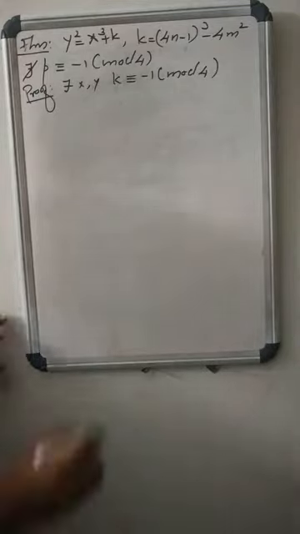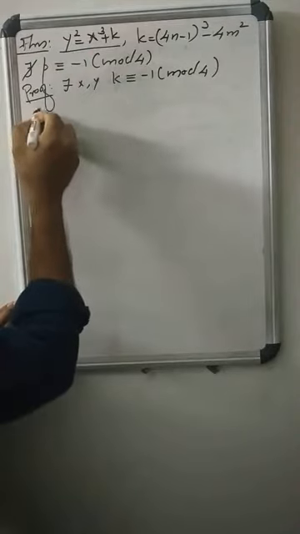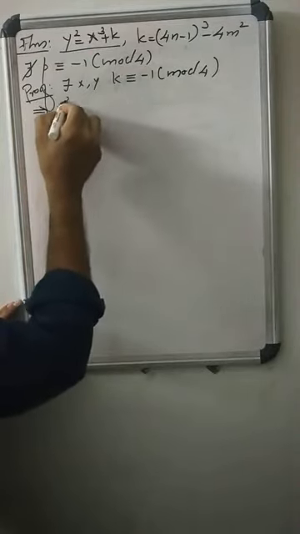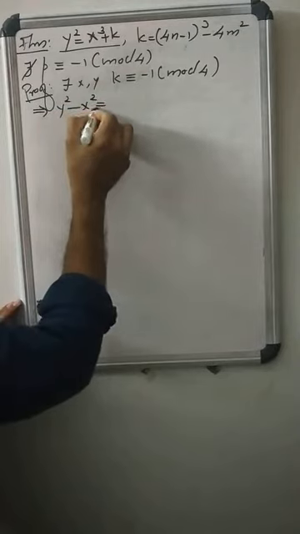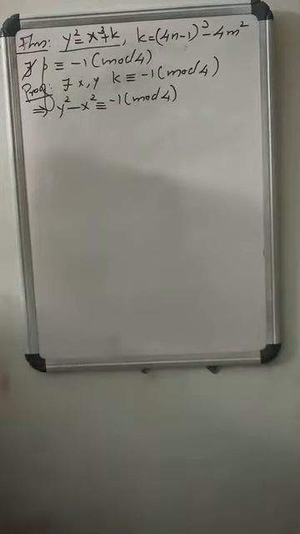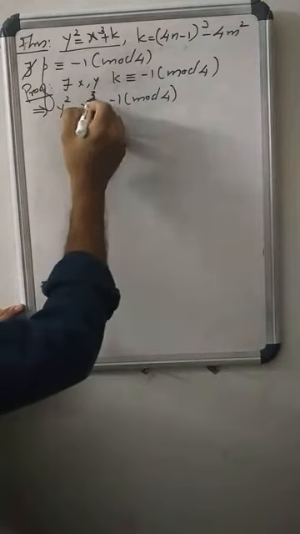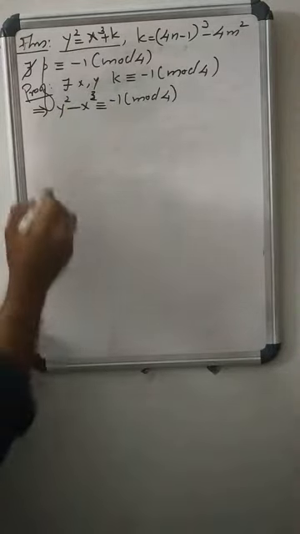K congruent to minus 1 mod 4 means, from here, what is k? k is y square minus x cube. So that means y square minus x cube is congruent to minus 1 mod 4.